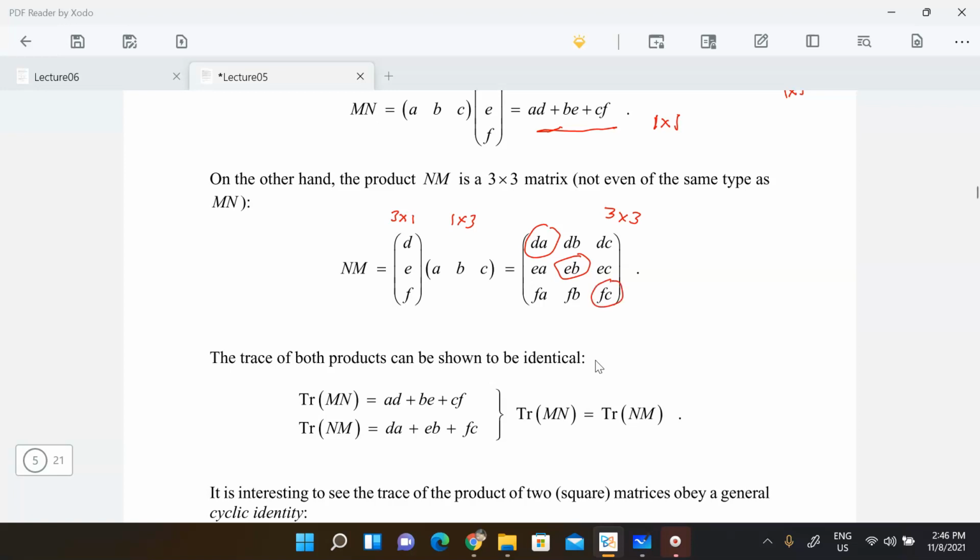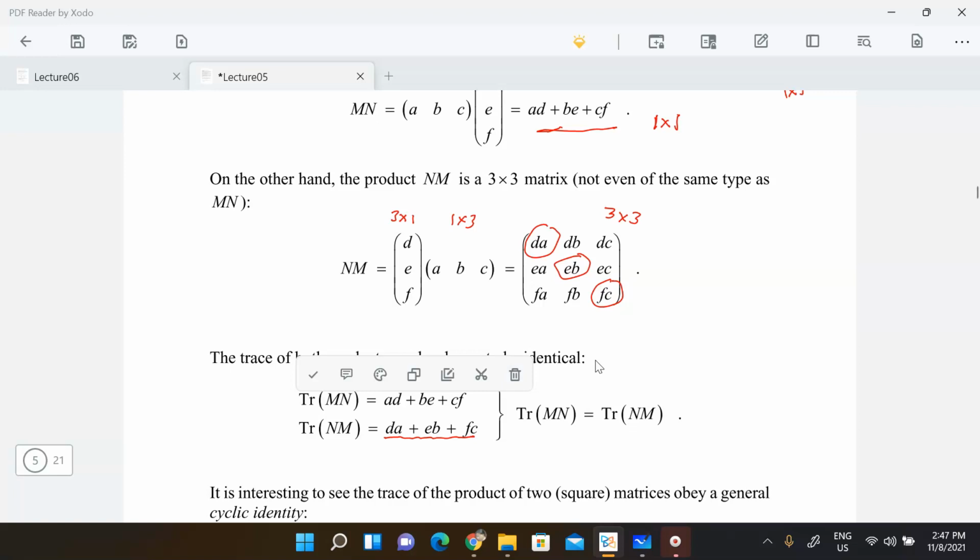And remember, these are numbers. D is a number, A is a number, E is a number, B is a number, F is a number, C is a number. And you compare the answer there. DA is actually equal to AD, EB is actually equal to BE, and CF is equal to FC.